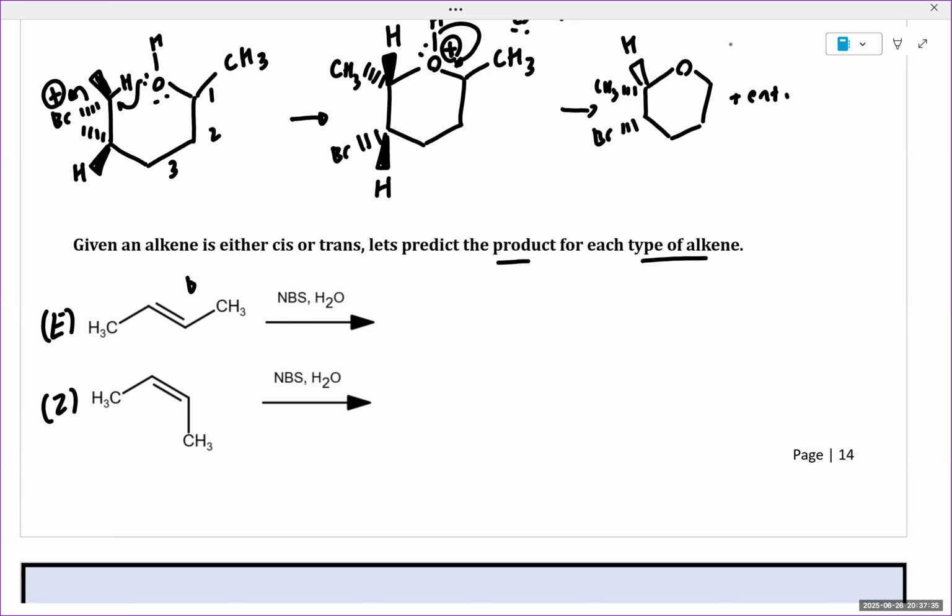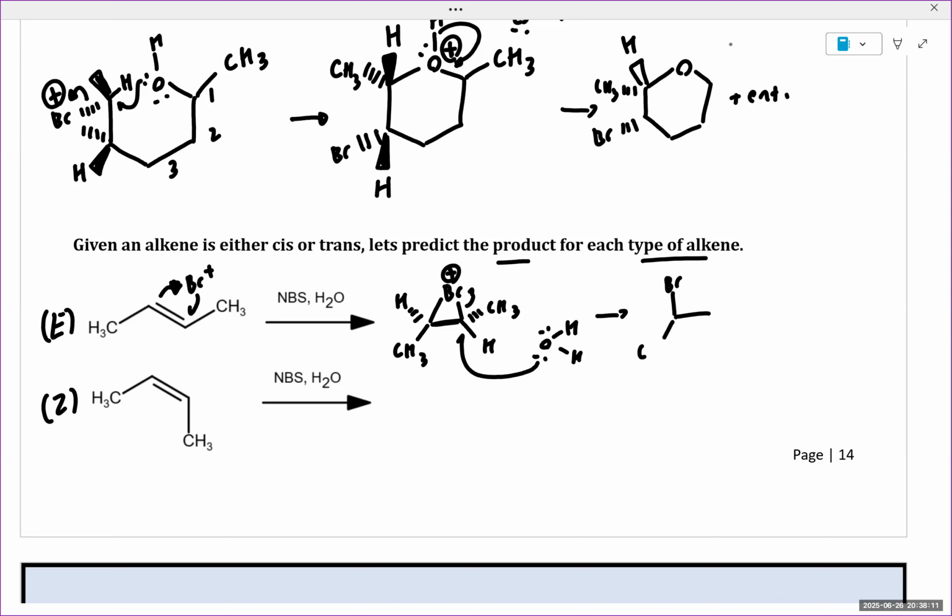So first and foremost, if we have a Br plus equivalent, we're in turn going to generate a halonium ion. From here, water is going to open up the halonium ion from either face. And in turn, we can generate the following mixture of products.